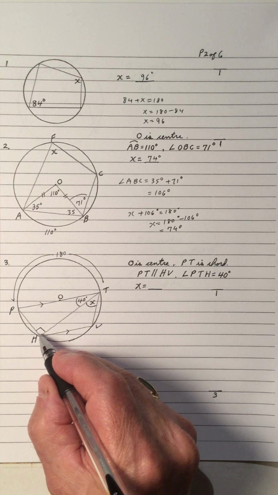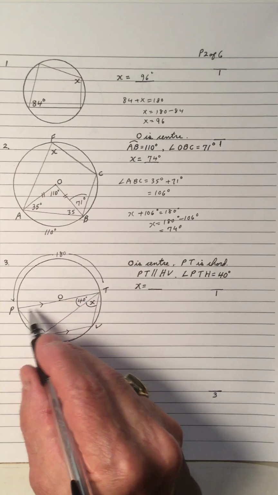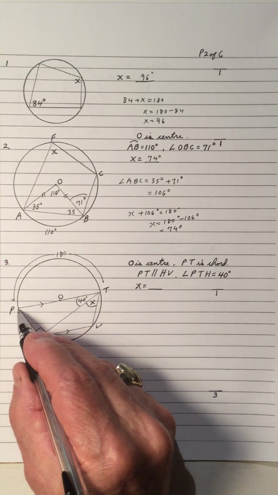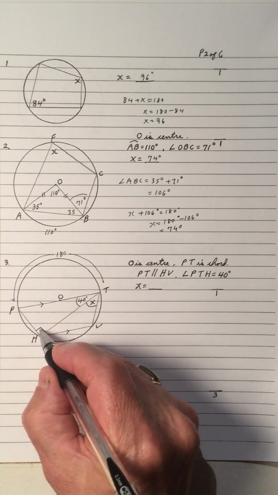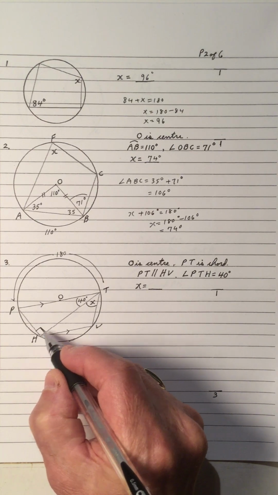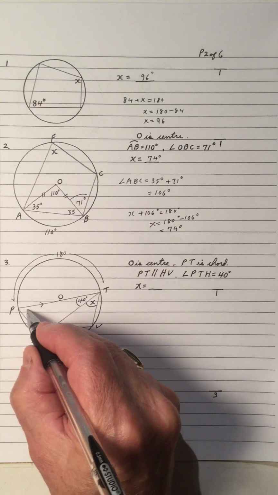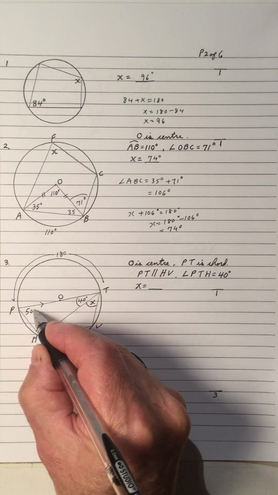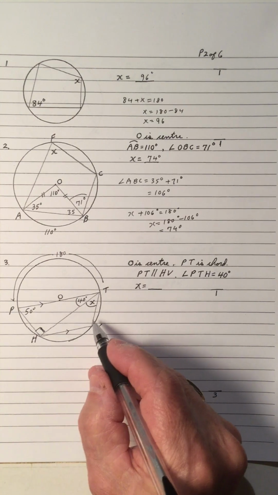This is an inscribed angle, half its arc. Also there's a theorem that if an inscribed angle is subtended by the diameter, then this is a 90-degree angle. And as a result, we have a 40 and a 90, 130, so that makes this angle 50.